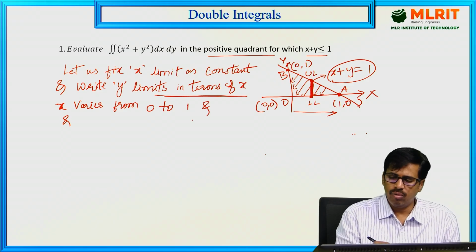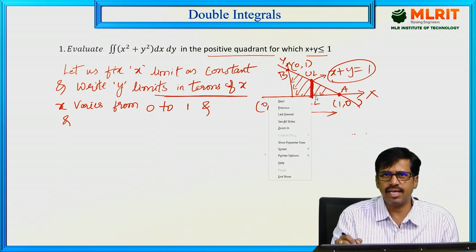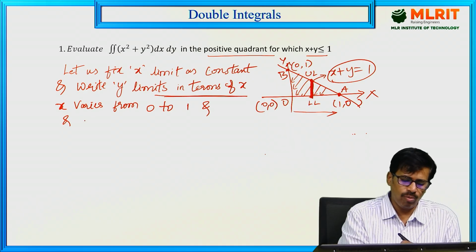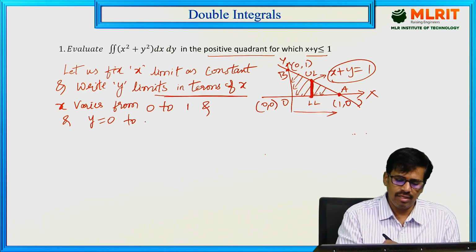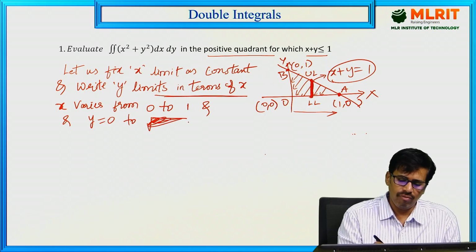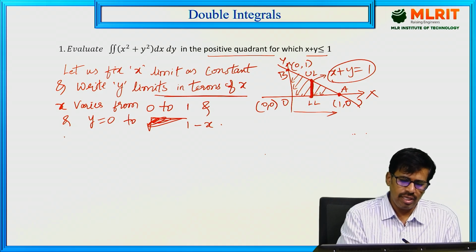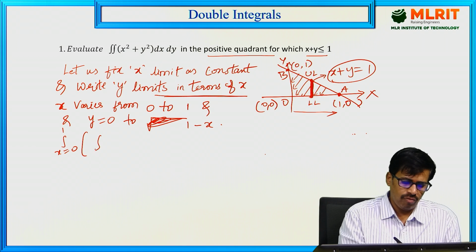And what are the y limits? The lower end of this vertical strip touches the x axis, that is y equal to 0, and the other end touches the line y is equal to 1 minus x. So x is equal to 0 to 1, y is equal to 0 to 1 minus x.